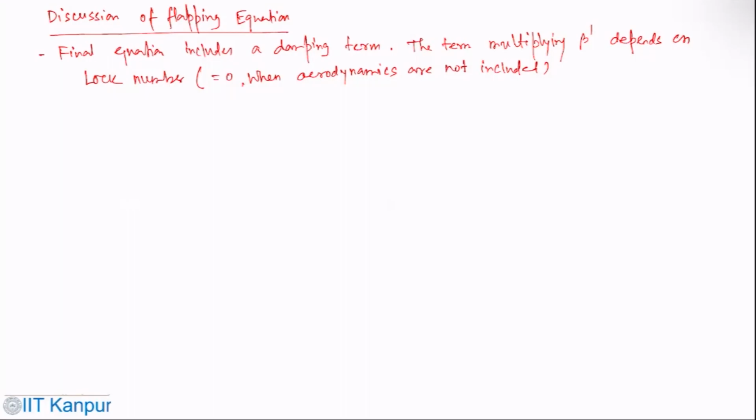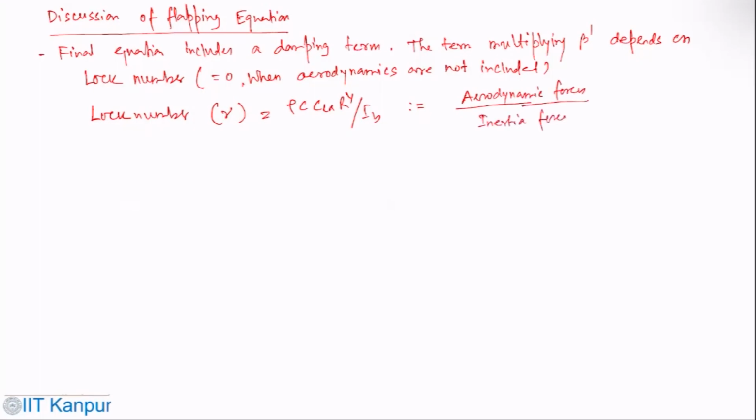So the Lock number, that is gamma, which is rho C L alpha R to the power 4 by I B. This can be thought of as the ratio of aerodynamic forces to inertia forces.